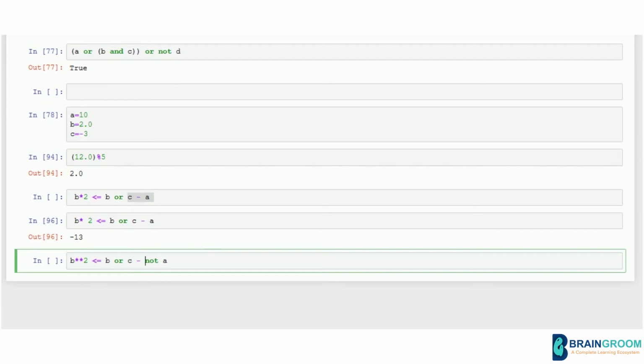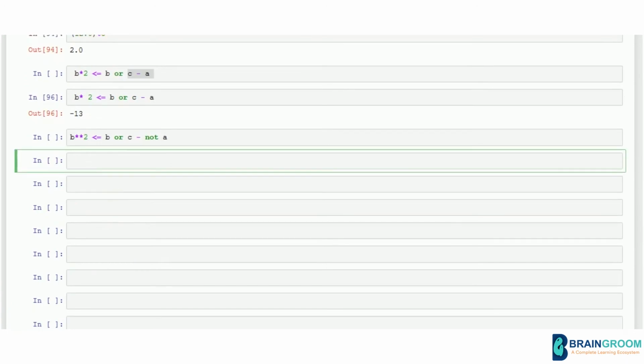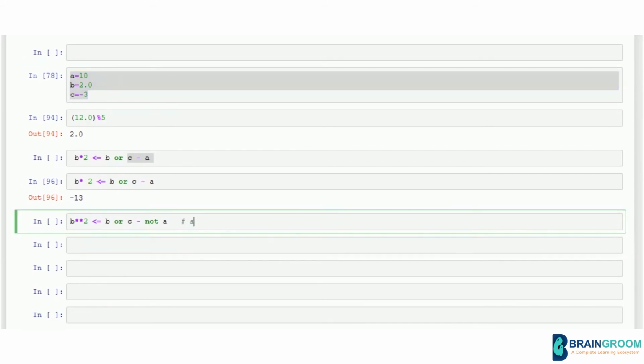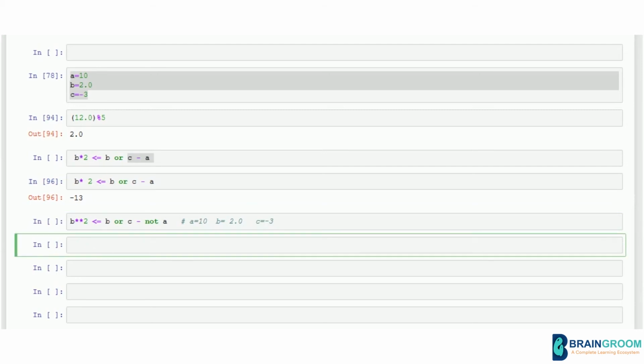So first exponentiation is done. b is 2.0, so b power 2 is 2.0 power 2, that is 4.0, less than or equal to b, which is 2.0, or c, which is minus 3, and then we have minus not a, where a is again 10.